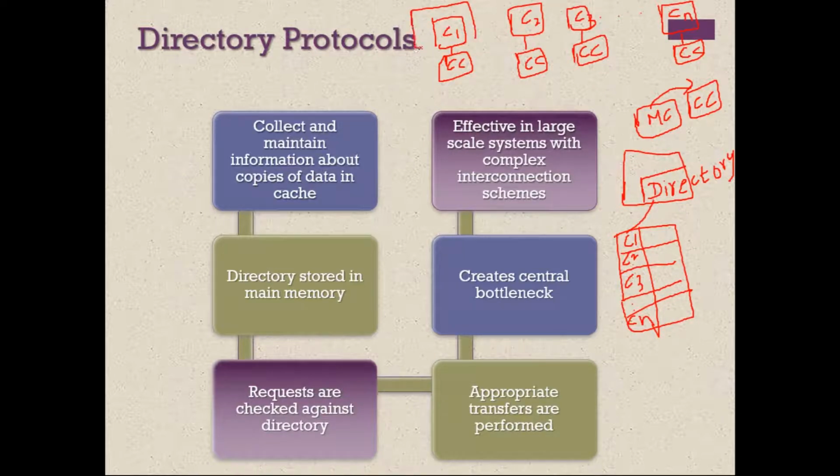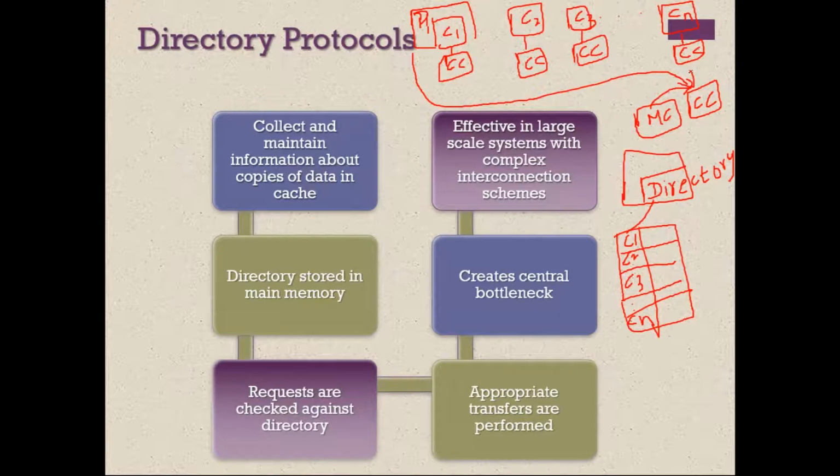If any processor wants to perform a read operation, to read something from the main memory, it cannot directly make a read operation. First, that request will go to the CC, the centralized controller.